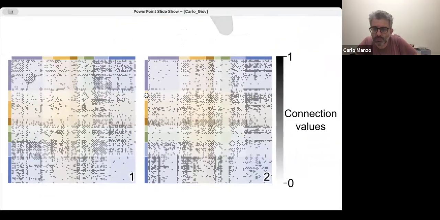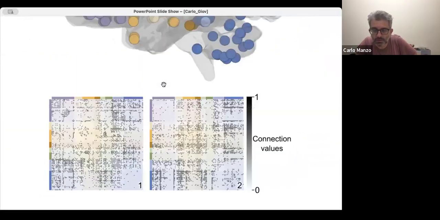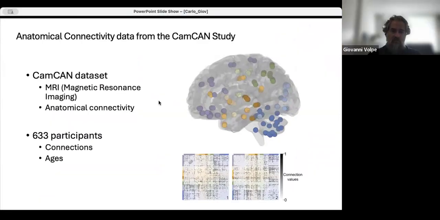Maybe Giovanni can have more information about this part, because the CAN dataset is a standard dataset, which includes both MRI and DTI data. DTI is diffusion tensor imaging, which images the white matter tracts in the brain, which we then use to calculate the connectivity matrix for each subject.